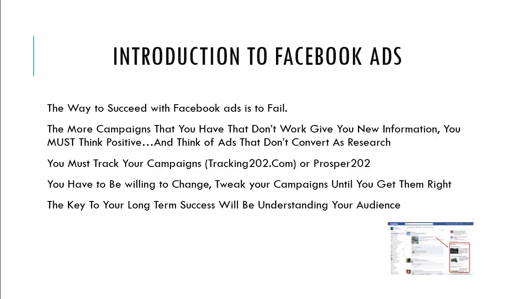You're going to need to understand how they're going to react to your advertisement, and you're going to need to be willing to change it until you find what starts to convert. We're going to show you how to do that. We're going to tell you exactly how you can literally read their minds and figure out what is going to work until you find the right combination of factors that will work.